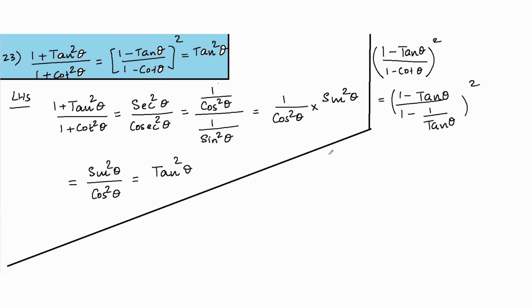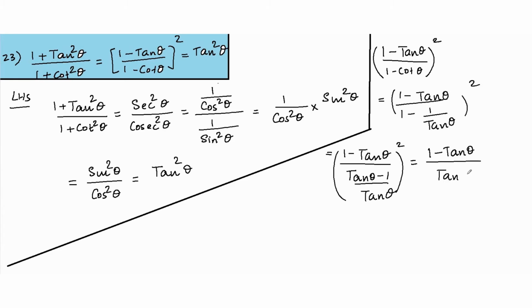So this therefore becomes (1 minus tan theta divided by tan theta minus 1 by tan theta) the whole square. And therefore this is (1 minus tan theta divided by (tan theta minus 1) multiplied by tan theta) the whole square.